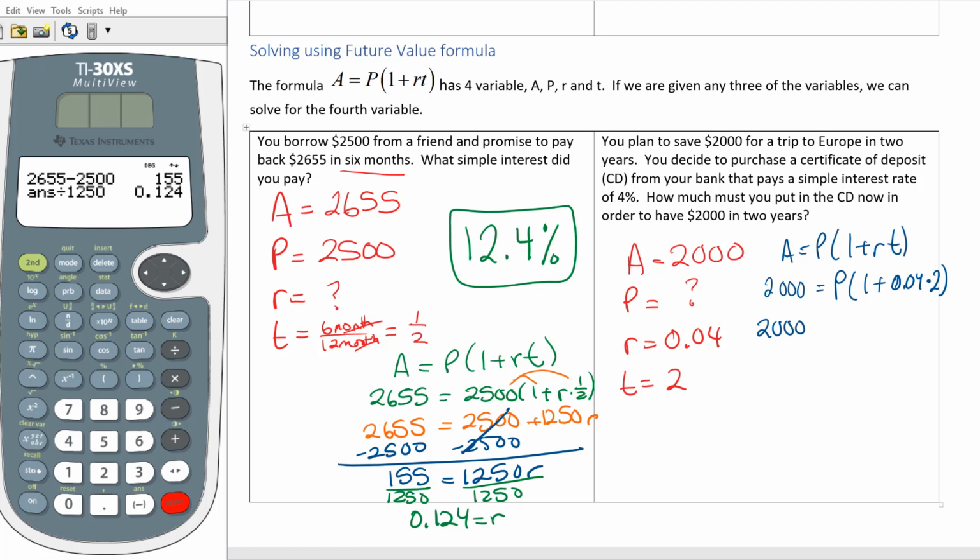So when I'm trying to reduce this, I have numbers in my parentheses, so I'm just going to go ahead, clear out my old values, and just type it in the calculator. 1 plus 0.04 times 2. And inside the parentheses, I'm getting 1.08.